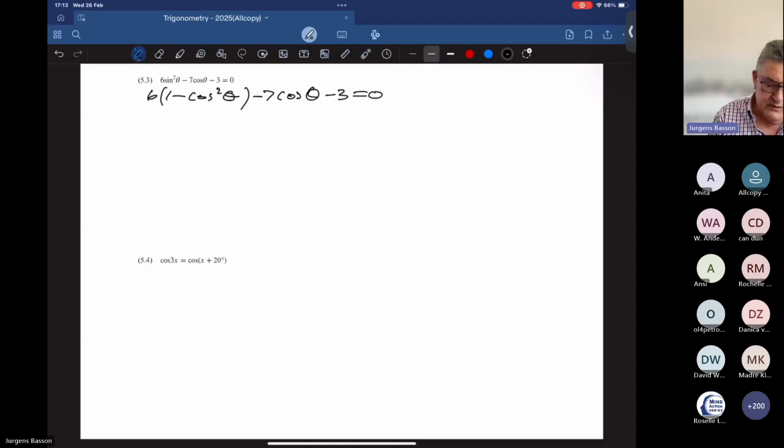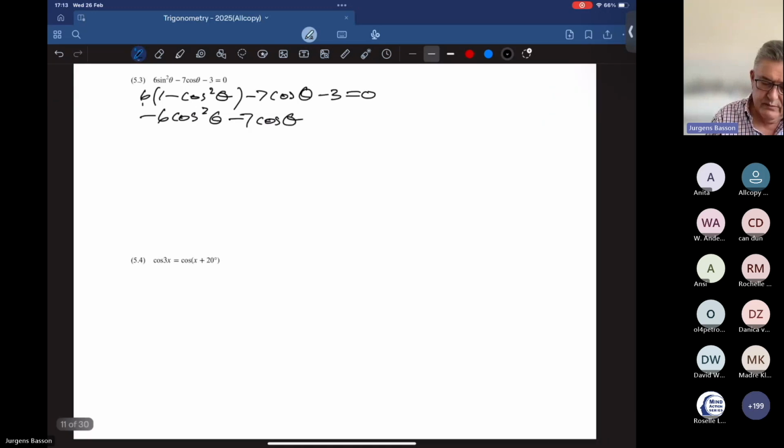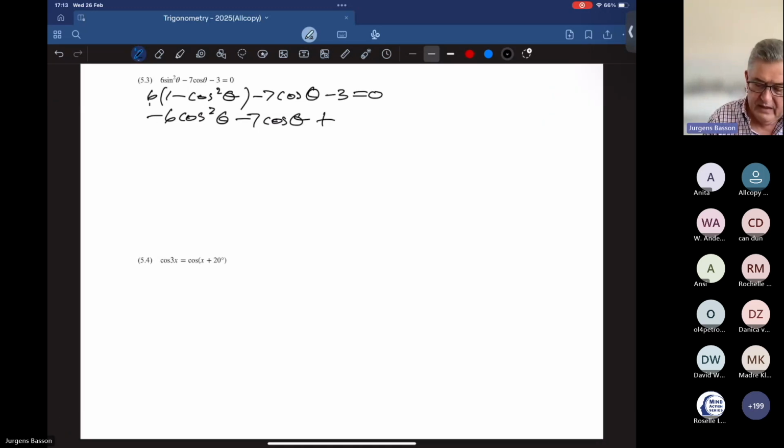If we solve it, we will get minus 6 cos squared theta minus 7 cos theta. 6 times 1 is 6, and there's a minus 3. So that means plus 3 is equal to 0. Let's multiply with a negative.